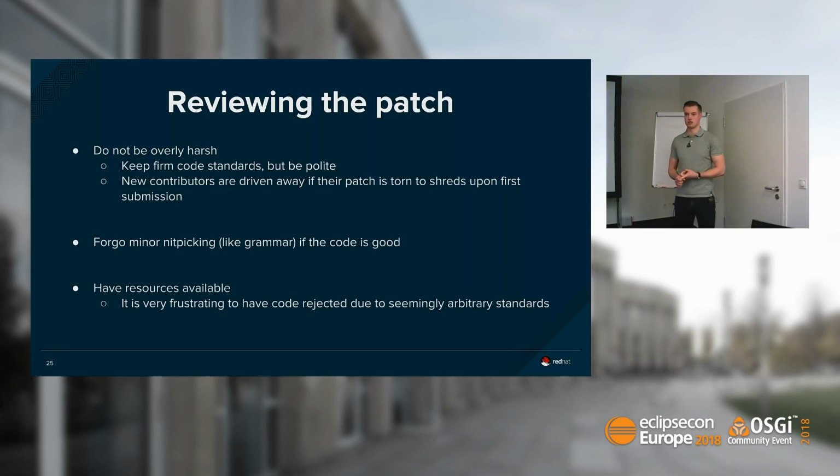Not everyone is always aware of what goes on in your project, but still keep firm code standards. And a big thing about code standards is they should be documented somewhere so that people who are contributing can look at some sort of document and say, okay, this is the procedure and the policies, and they can follow them. There's nothing more frustrating than having your work rejected due to something that you didn't know, which might to you seem completely arbitrary. Very frustrating.